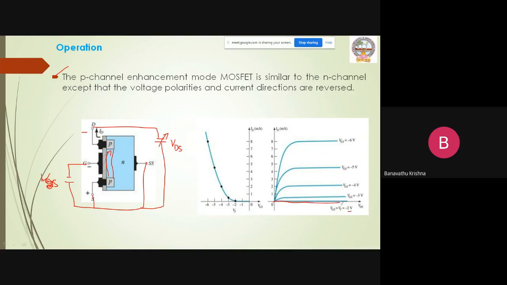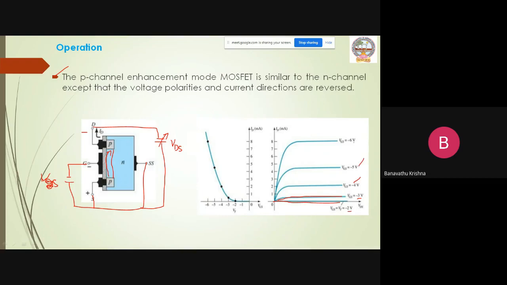Current is zero here. As VGS increases in the negative direction, a narrow channel is available here. Due to that narrow channel, as we apply VDS increasing in reverse direction, that is negative potential, the current will slowly increase.